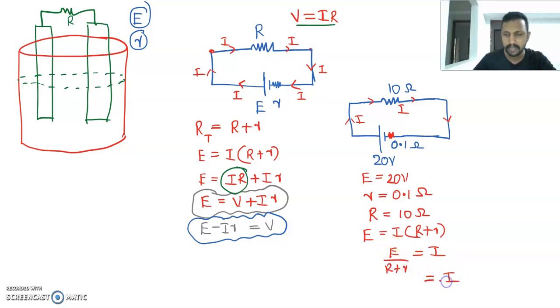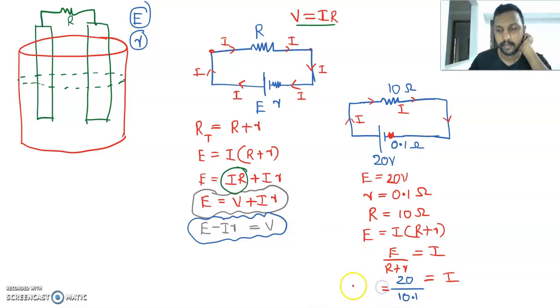That is, I is equal to 20 divided by capital R plus small r, that is 10 plus 0.1, that is 10.1. That is equal to 1.98 ampere. This is the current. 1.98 ampere will be the current flowing through this circuit.